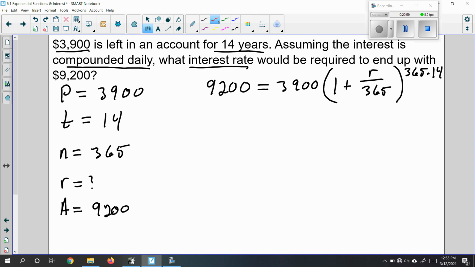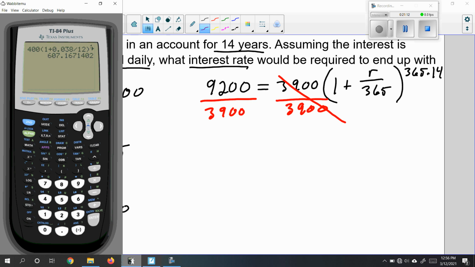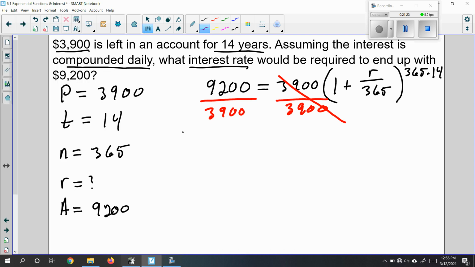Okay, so let's go ahead and start this problem. We can divide both sides by 3,900. And what is that? That's about 2.35.